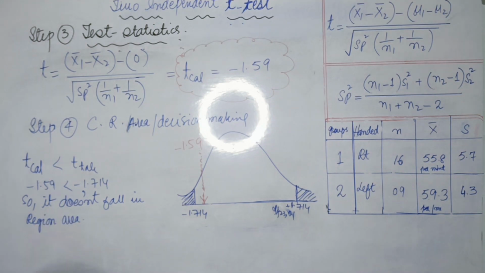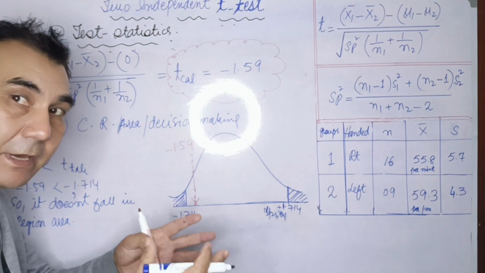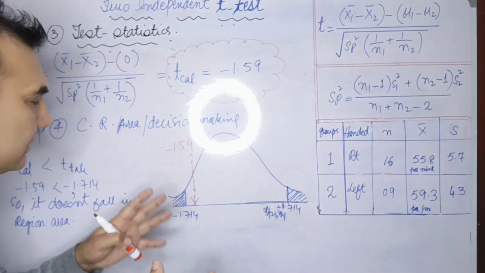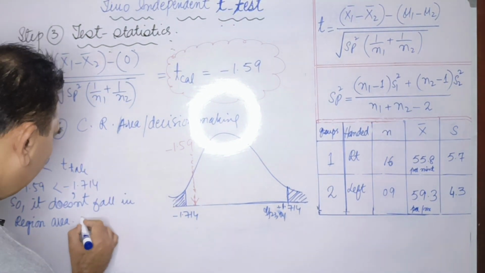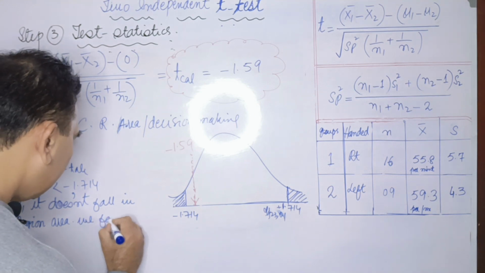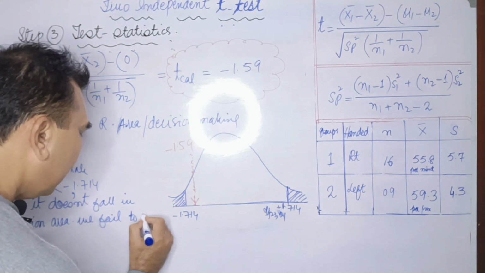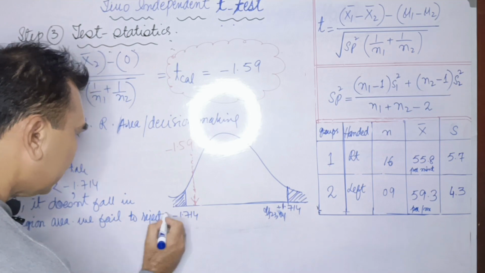When it doesn't fall in the rejection area, on the basis of this result we fail to reject the null hypothesis.